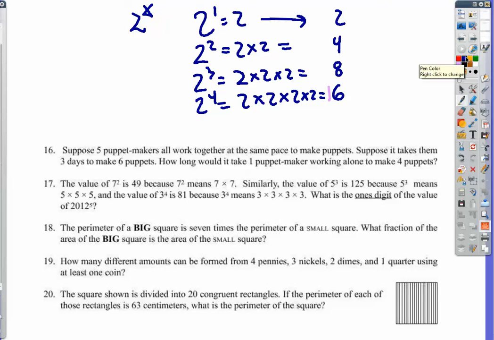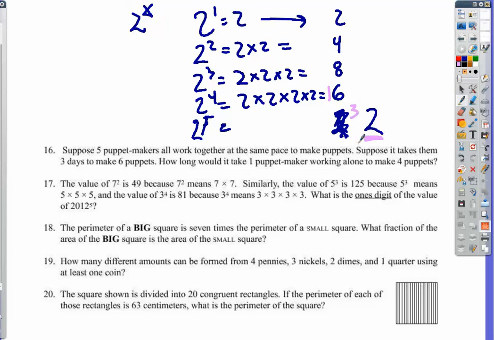2 to the 5th, we've already established is 32. And again, that's 32, but we only care about the units digit, 2.